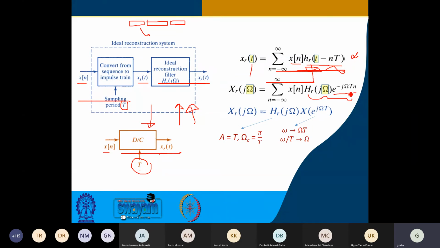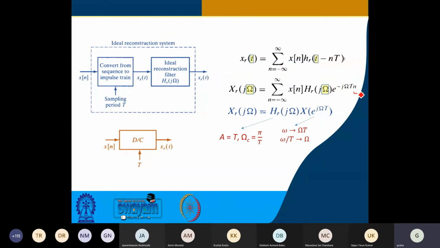Fine. So we are here. Then this part, this is Hr(j omega), and this x[n] e to the power minus j omega T n. Okay, this is your X(e to the power j omega T), from the definition that we have used before for the DTFT.